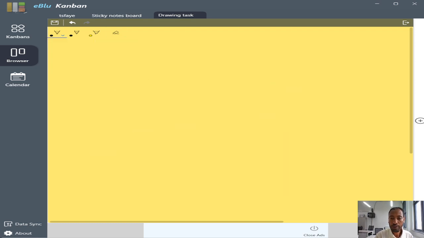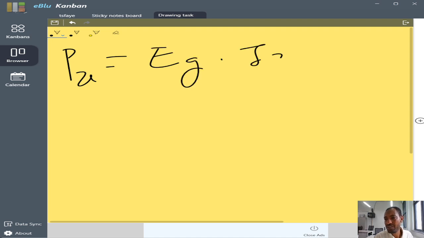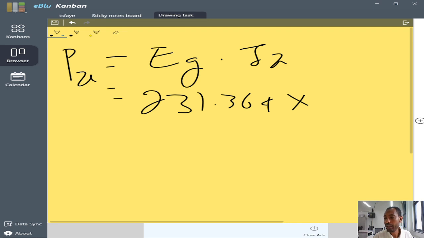So PA is going to be EG, generated voltage, times armature current. How much is it? 231.364 times IA, 113.64.